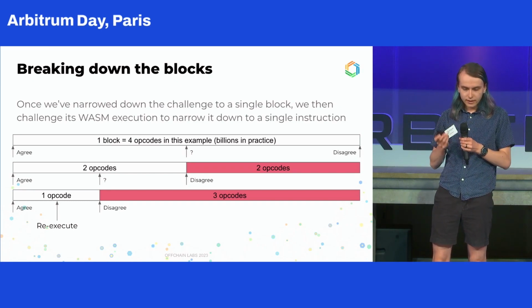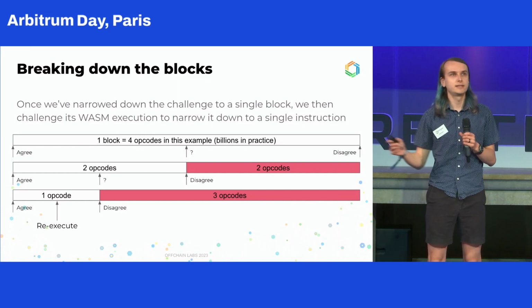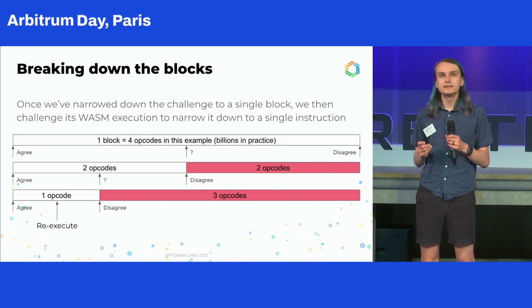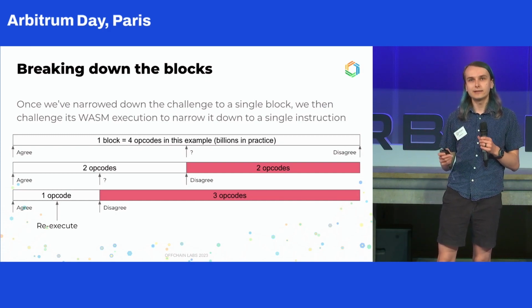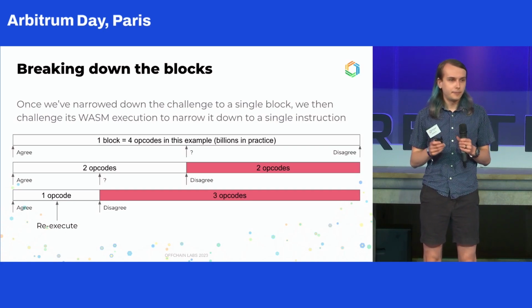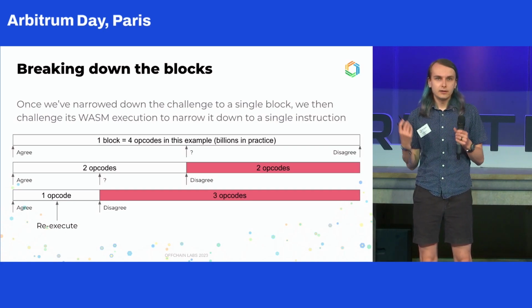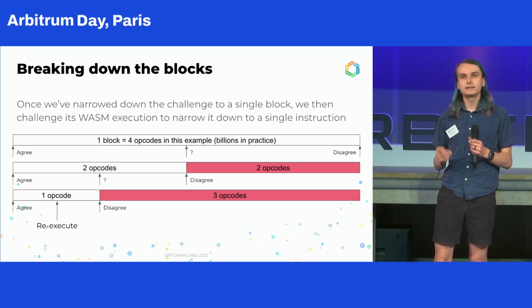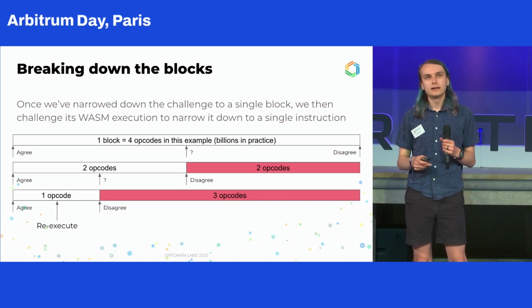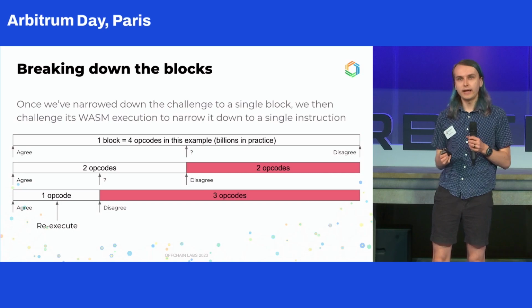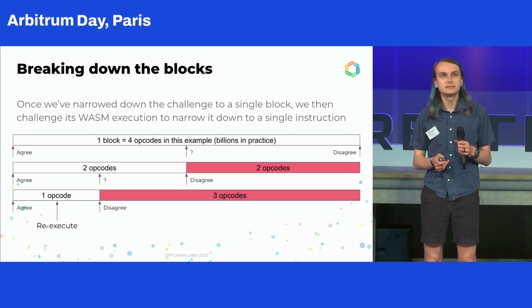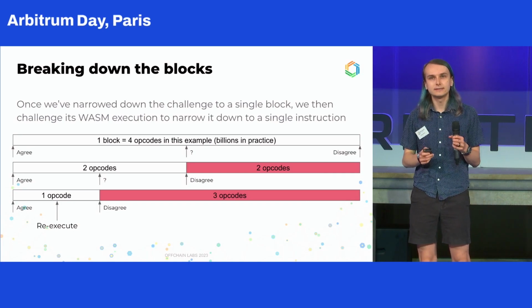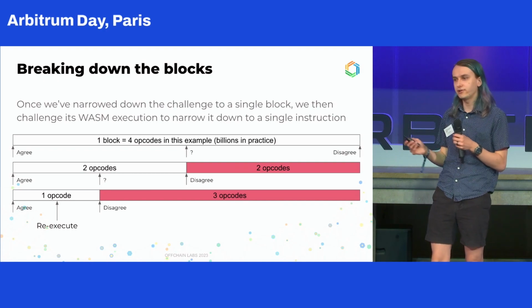But under normal circumstances, they can just sit on the sidelines, which is great because it means that running an honest validator is normally free. Because normally another honest validator will be making the moves for you, you can defend the chain for free under normal circumstances and have that confidence that the Arbitrum chain will reach the correct results.